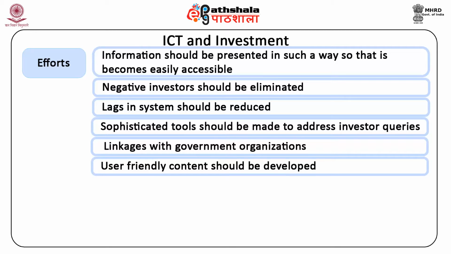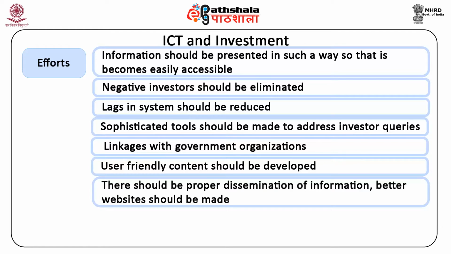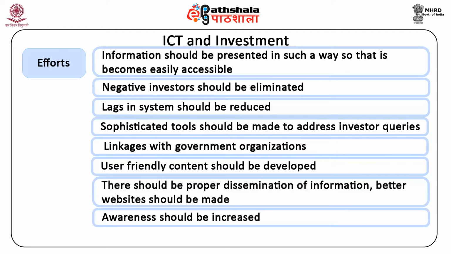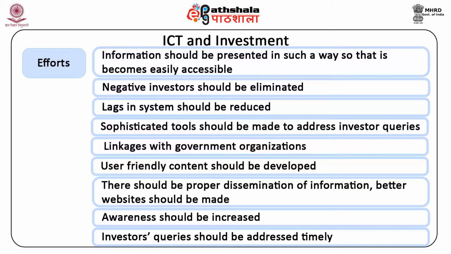User friendly content should be developed. There should be proper dissemination of information. Better websites should be made. Awareness should be increased, and investors' queries should be addressed timely. All this will attract investment through ICTs and will boost economy of the country.